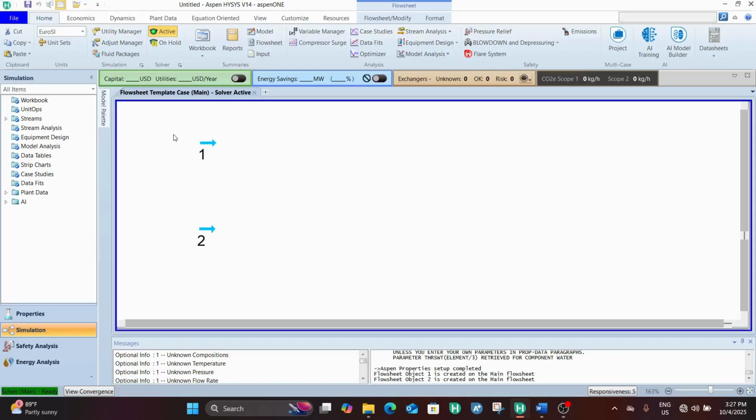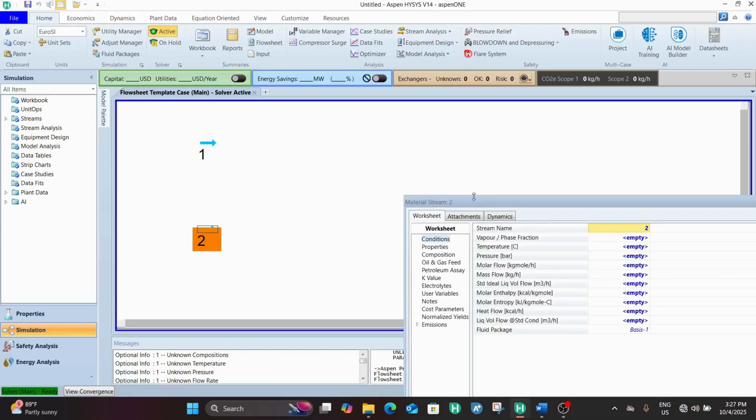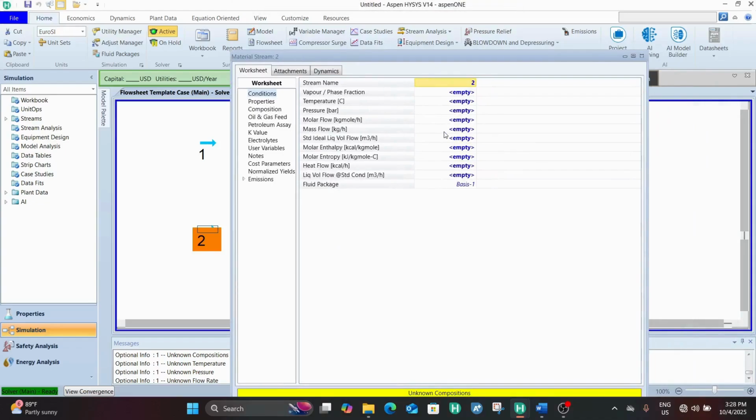So based on research, we were able to understand that we need to use a fluid package of Electrolyte NRTL, and for the potassium hydroxide, we need our conditions to be similar to the conditions of water with respect to temperature, which is atmospheric pressure and room temperature, 25 Celsius. We're working with 25 Celsius and 1 atm, which is equivalent to 1 bar.